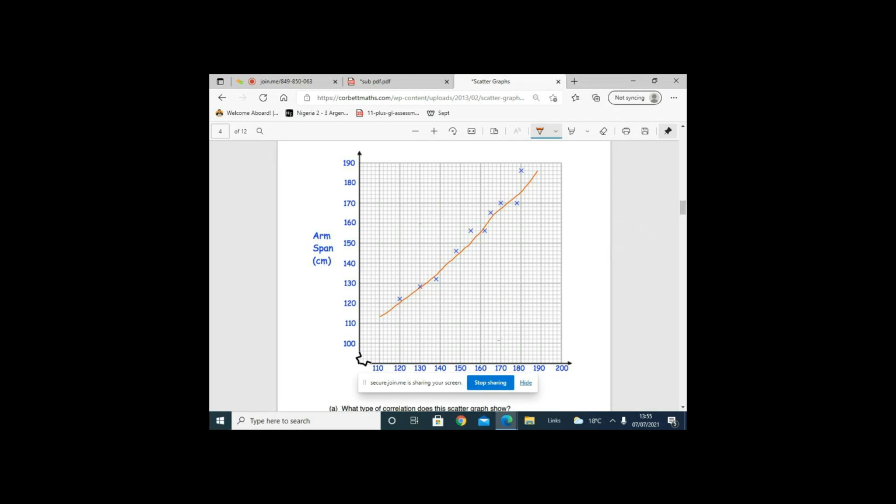For 150, just trace it up, then it stops there, then you go this way. It can be 130. Can you see? 145. Yes, 145. So that is it.